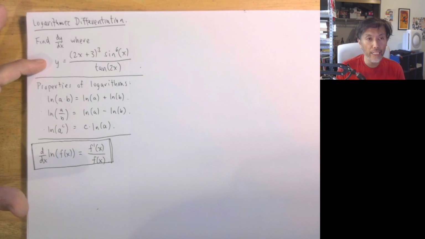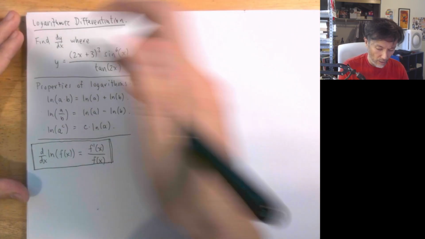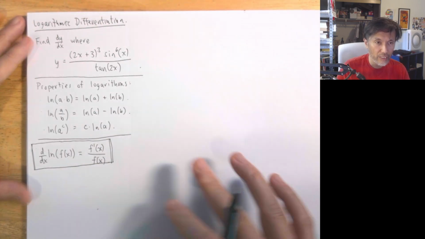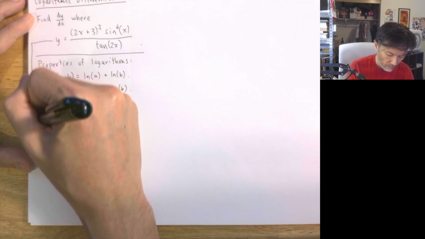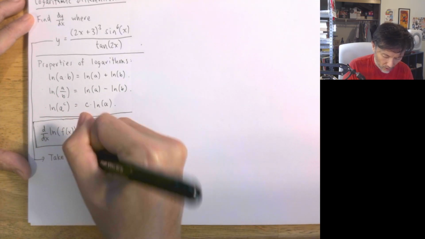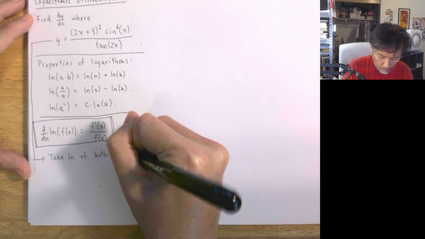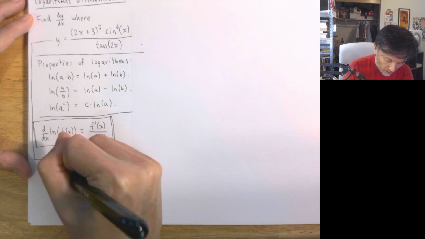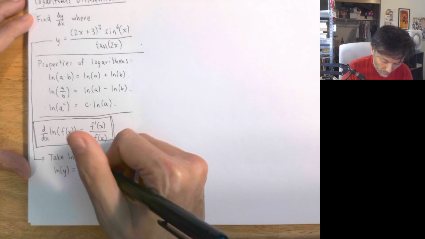And let's start by taking the natural log of both sides of this expression here. Do I need to conserve space? Maybe. Let's go down here. So take natural log of both sides. So natural log of y is equal to the natural log of this god-awful mess.